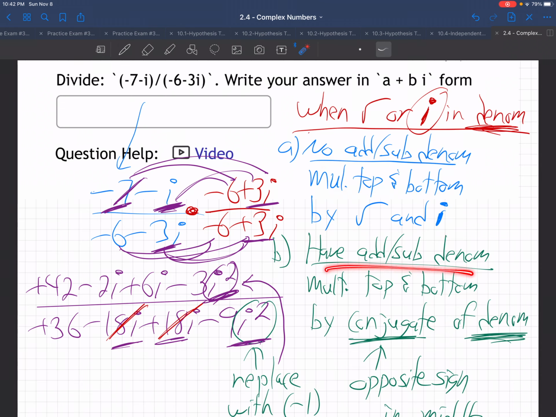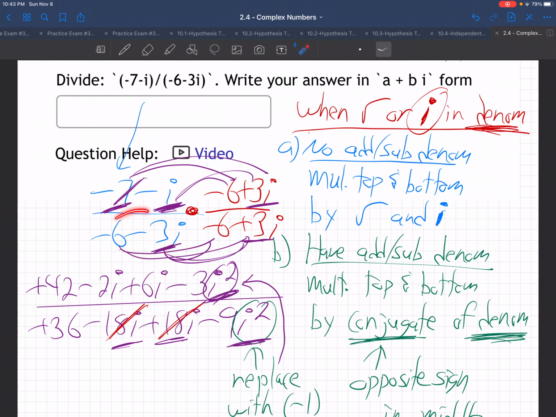But if you have adding, subtracting, that's a bigger deal, right? We had subtracting. So if you have adding or subtracting in the denominator along with an i or a root, you need to use the conjugate, which means you take exactly the denominator, whatever sign it has in the middle, you do the opposite sign, top and bottom.